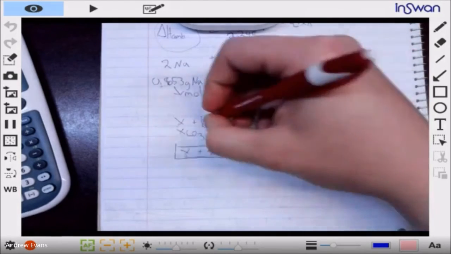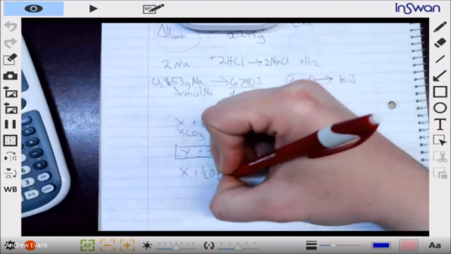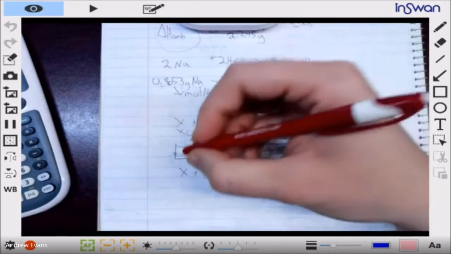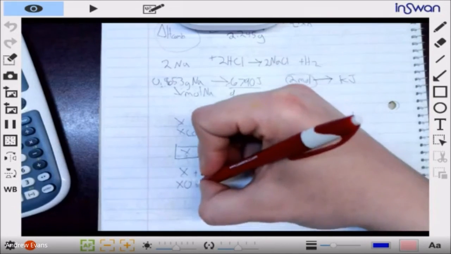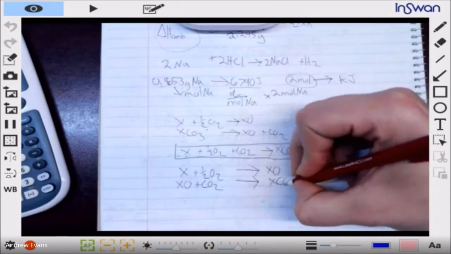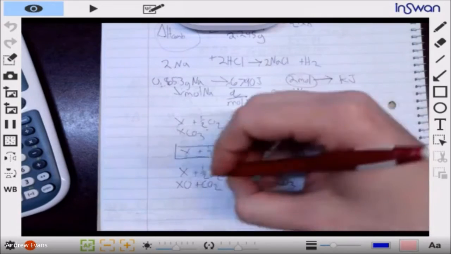So when I've done this, I have X plus 1/2 O2, and I'm going to treat that arrow as an equal sign, and that's XO plus CO2. Everything on the left gets added up, everything on the right gets added up.